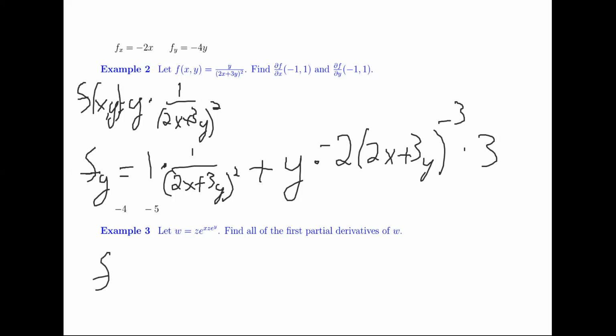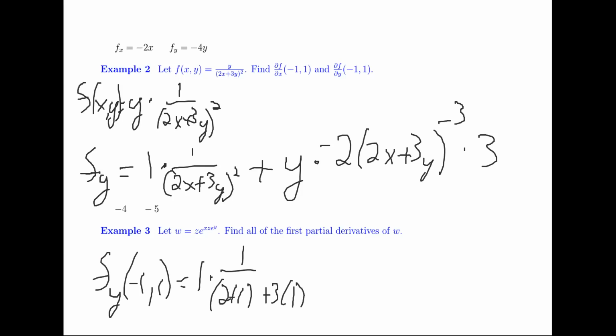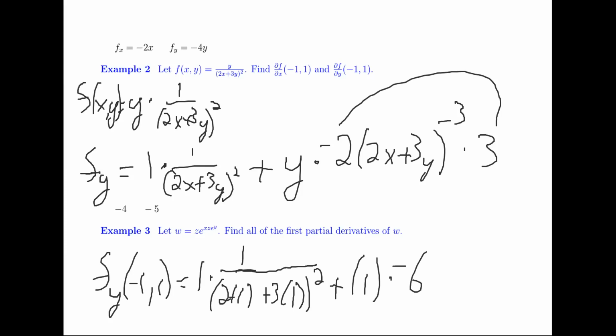So f sub y of negative 1 comma 1 is equal to 1 times 1 over (2 times negative 1, plus 3 times 1) all quantity squared, plus 1 times negative 2 times this positive 3, which is a negative 6, times (2 times negative 1 plus 3 times positive 1) all to the negative third.